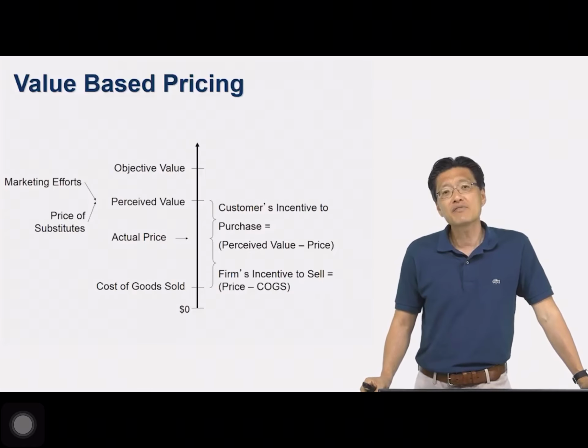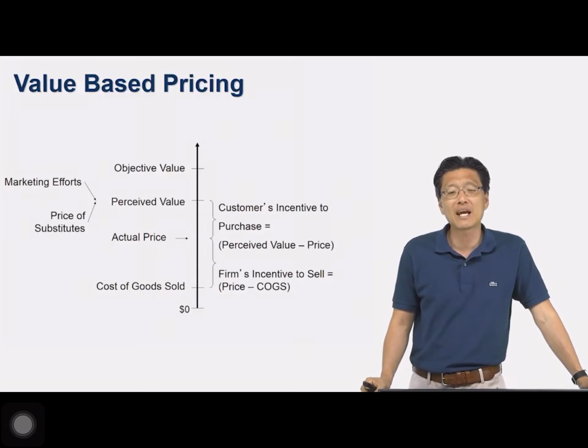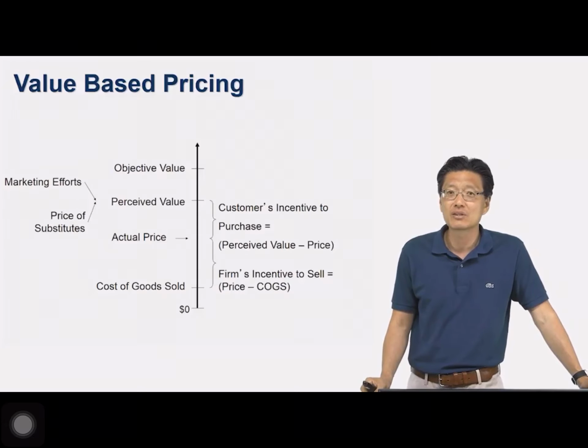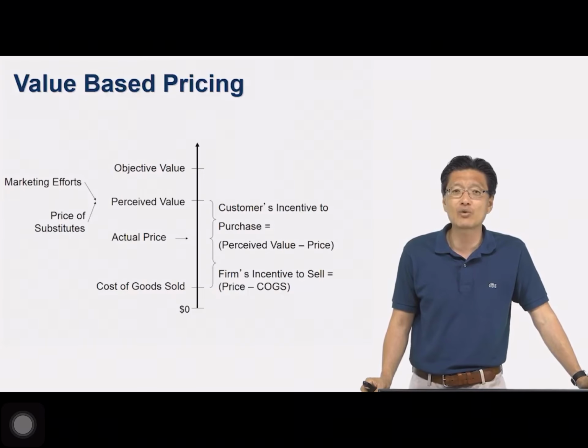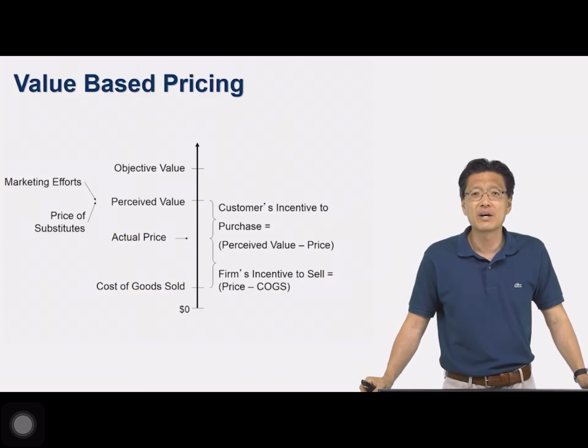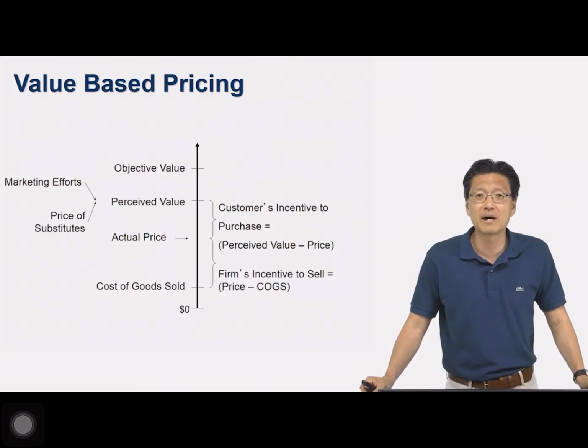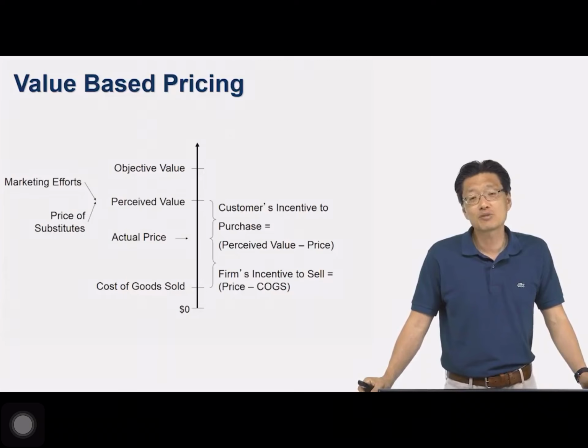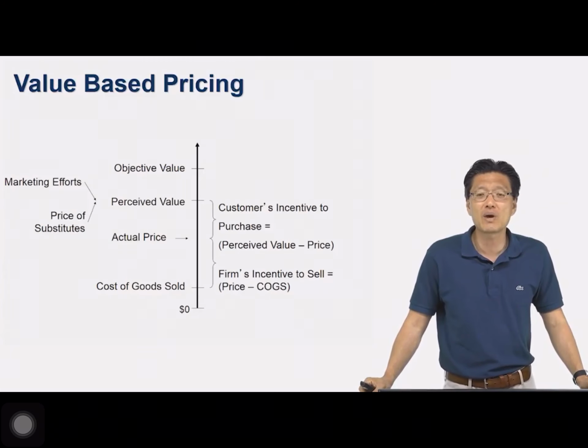So the difference between perceived value and actual price is customers' incentive to purchase. All right, so the bigger the difference between perceived value and actual price, the greater the incentive for customers to buy. And then there has to be an incentive for firms to sell as well. So the difference between actual price and COGS would be the firm's incentive to sell.